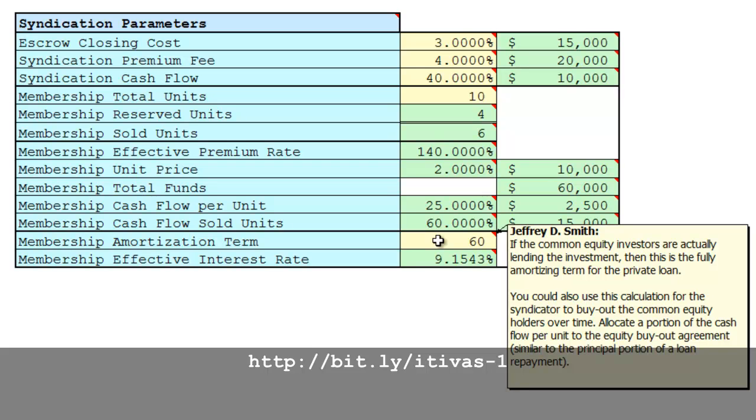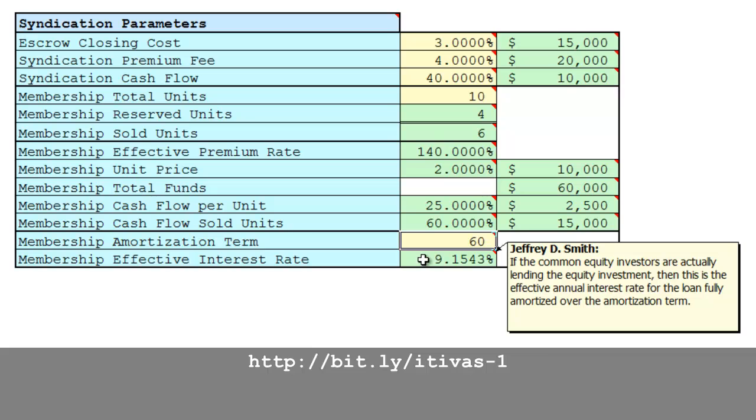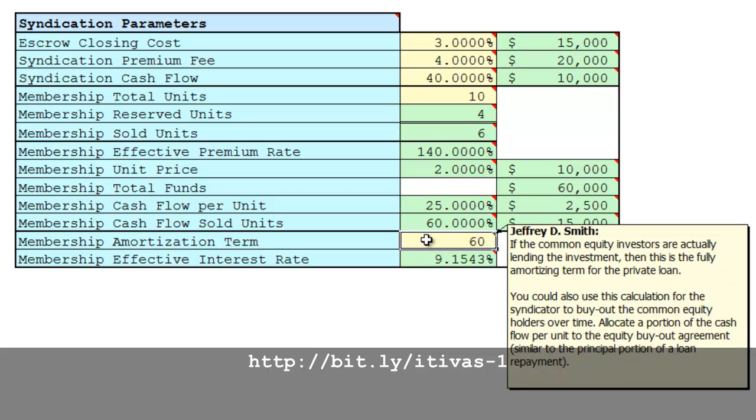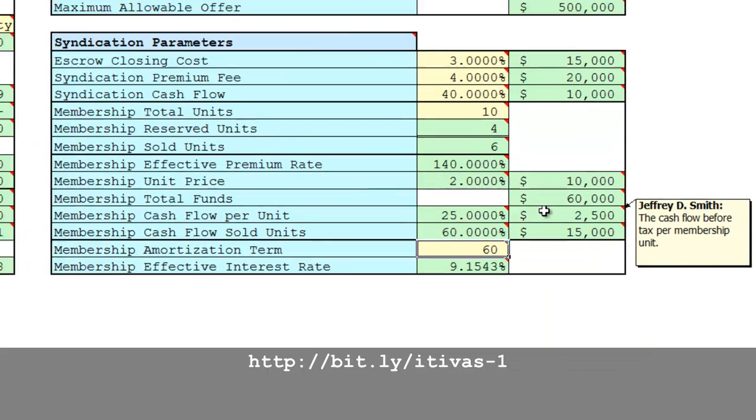If instead of common equity financing you borrowed the financing for the common equity tranche, you could plug in the amortization term, and then the effective interest rate would be calculated. This is based upon the annual repayment of the loan from the cash flow per unit.